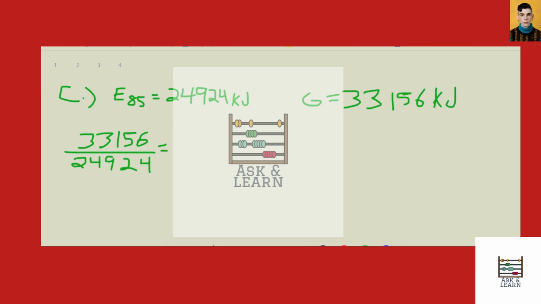That gives us 1.33. So you would need 1.33 gallons of E85 to produce the same amount of energy as gasoline.